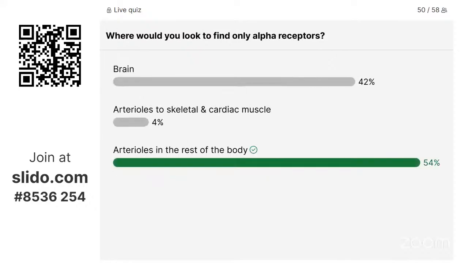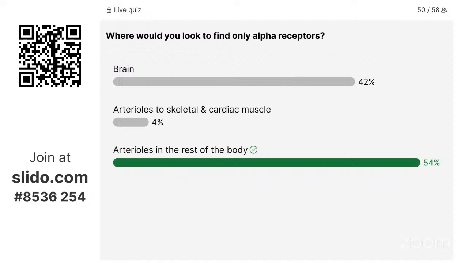Okay, we got a little bit of a split here. So it's the rest of the body. Beta 2 receptors and some alpha receptors are found on the skeletal and cardiac muscle. We know we want lots of flow there as we start to activate our sympathetic nervous system. You don't really want to cut off blood flow to the brain, right? So that's why we don't see these alpha receptors in the arterioles going to the brain.